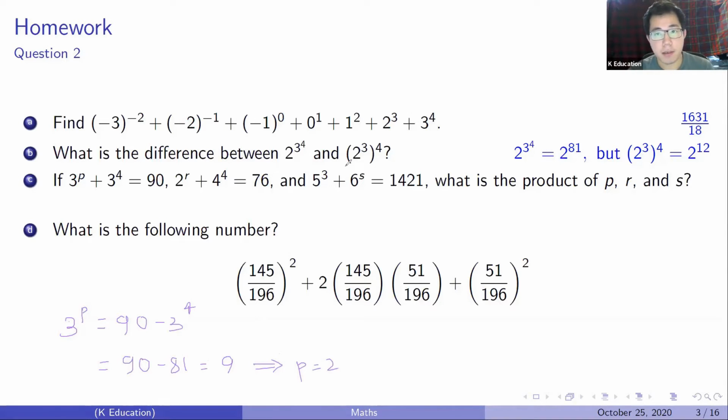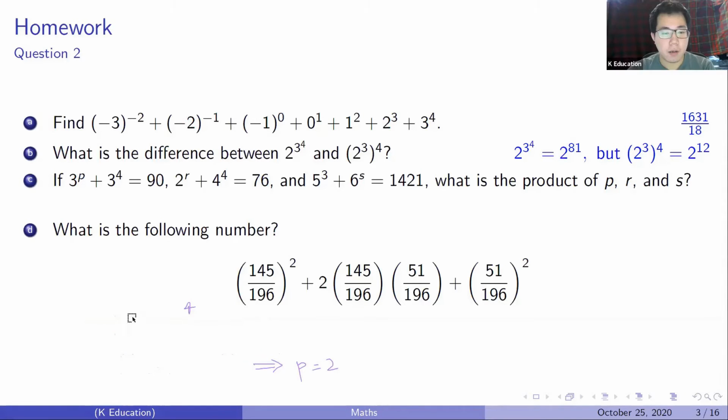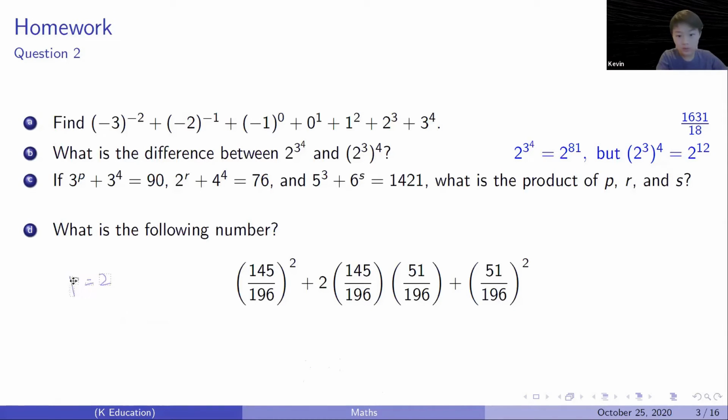Okay, yeah. I'm not really sure how to get R, but I got S instead. Okay. Let me think. Okay, yeah, what'd you get for S? For S, I got 4. Okay, so using the same idea, so what's 5 to the 4? Oh, sorry, 5 cubed, sir. 125.